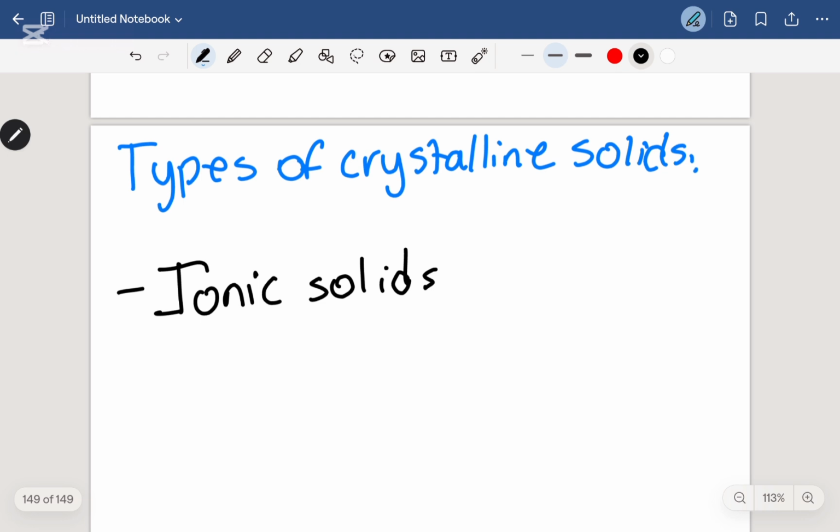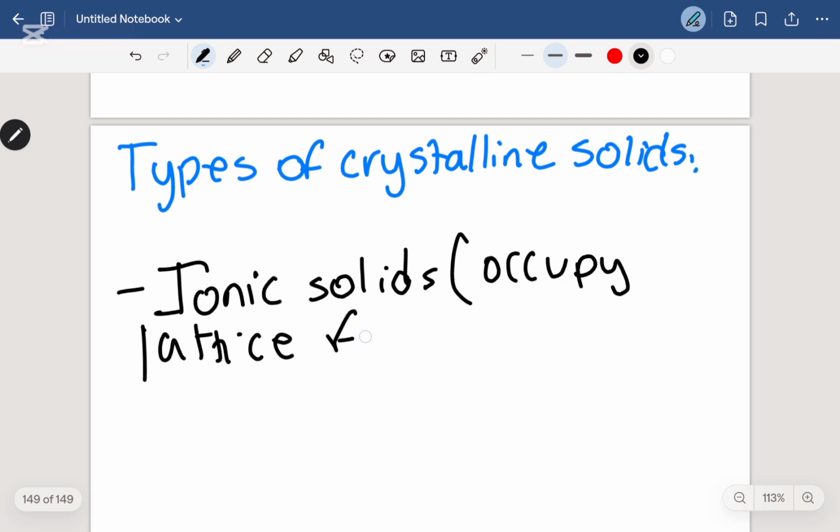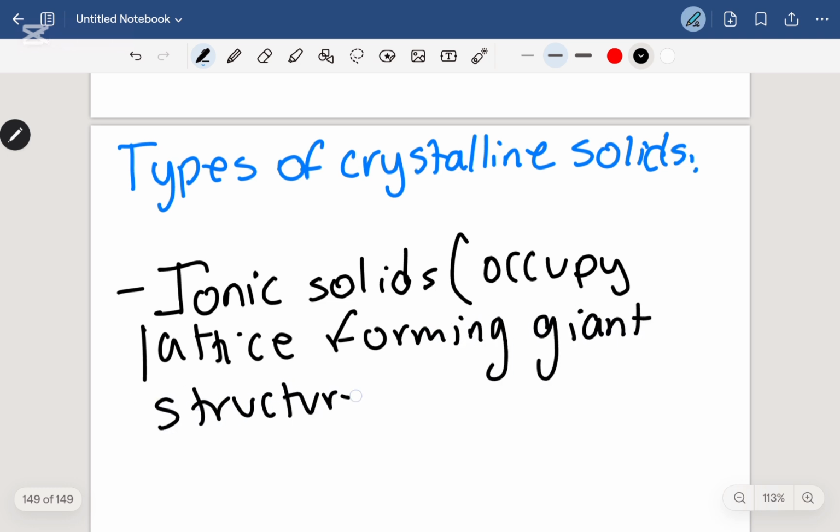We know that ionic solids occupy lattice-forming giant structures. So all you need to know about ionic solids and the crystalline solids is that they occupy lattice-forming giant structures. Okay?